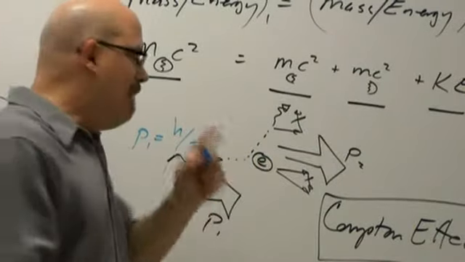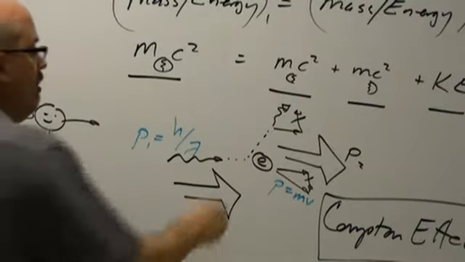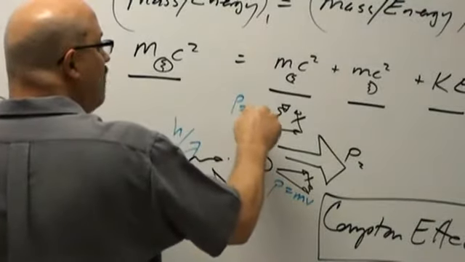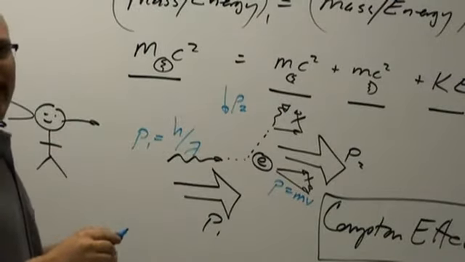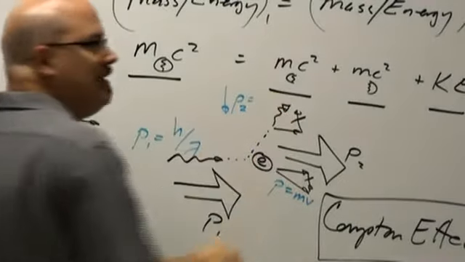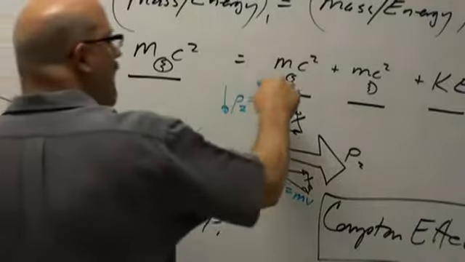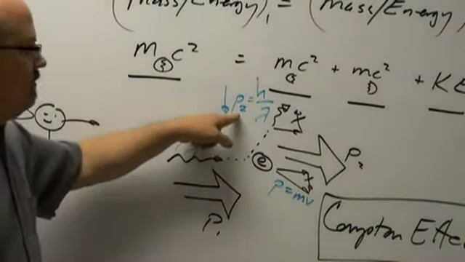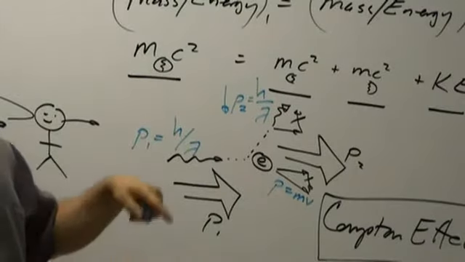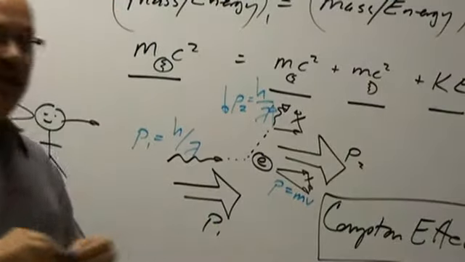It goes down, because now this electron has mv, momentum it didn't have before. Wait a minute. If the momentum of my photon has gone down, what's happened to it? H over lambda. If that goes down, the wavelength goes up. And my photon just changed color.